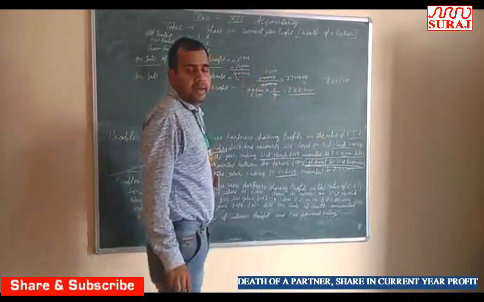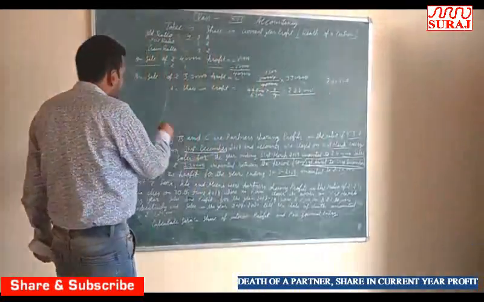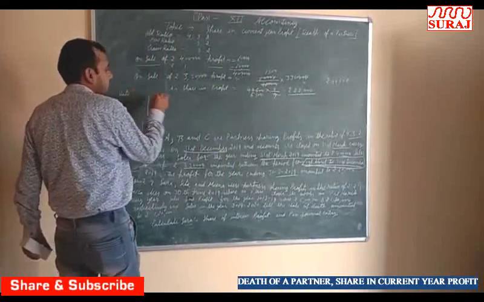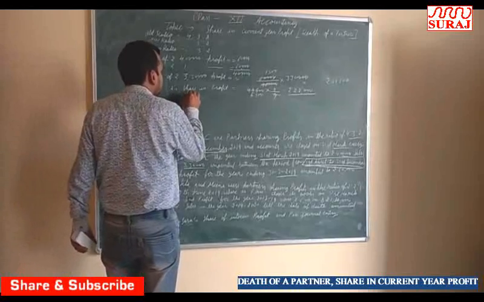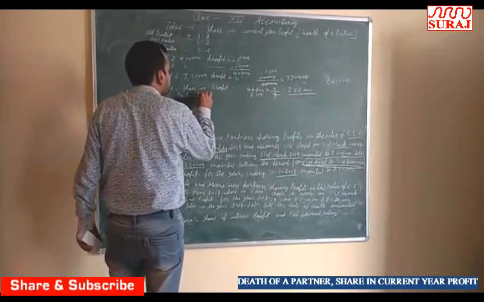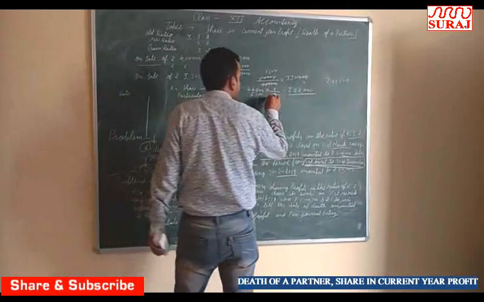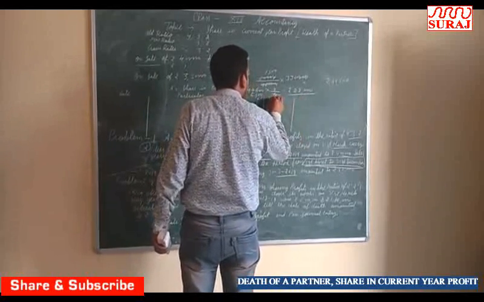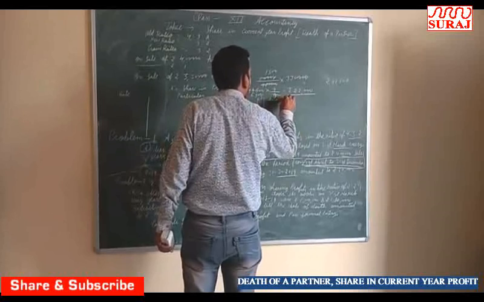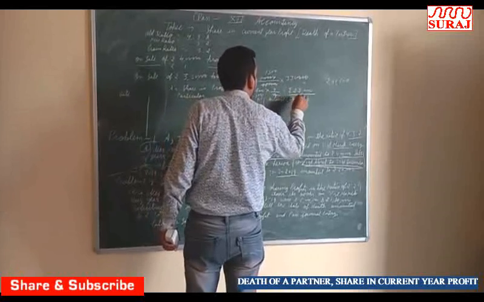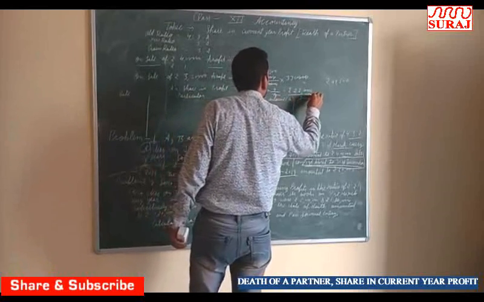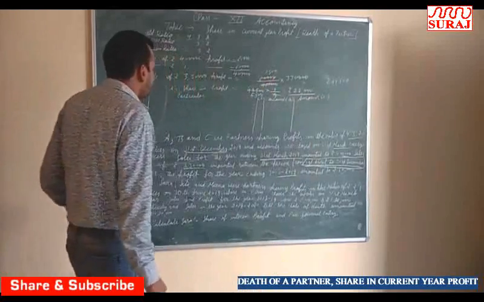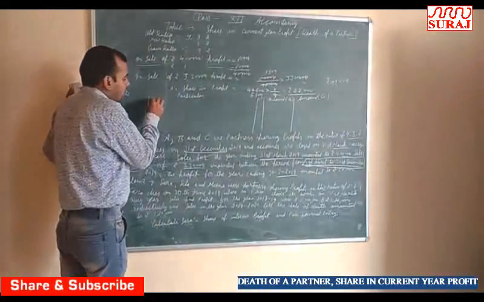Time will not apply. Your entry will be passed in the format: date, particulars, ledger folio, debit amount, credit amount. Your entry will be passed through the Profit and Loss Suspense Account.